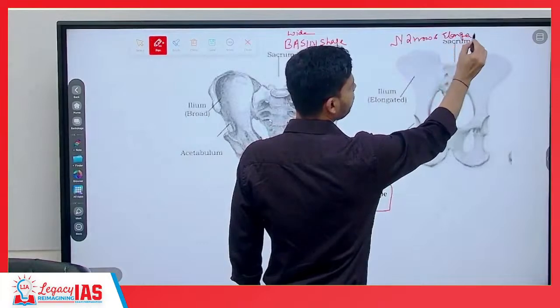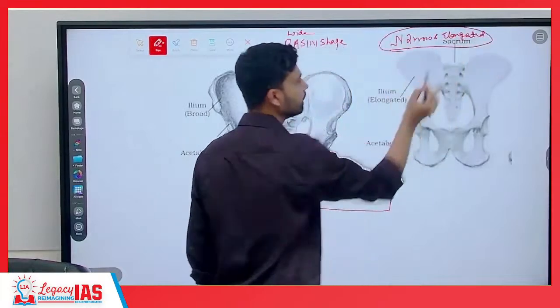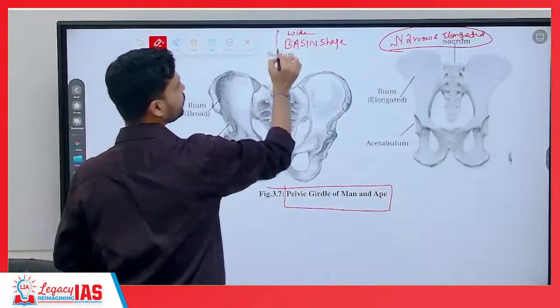So the first difference in the pelvic girdle you can write about is in the shape of the pelvic girdle.